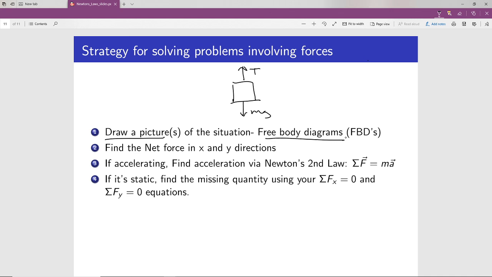And then the next step, we would find the forces in x and y and add them up. If the object is accelerating, we would find the acceleration via Newton's second law. And if the object is not accelerating, you can use your force equations in x and y to solve for unknown quantities.